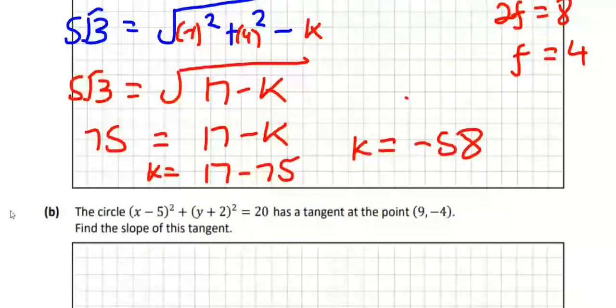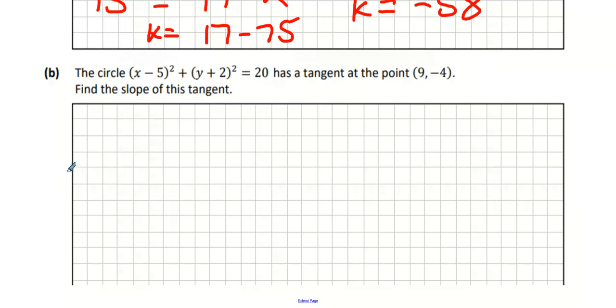Now, next one, tangent. Now, this one is given in the form x minus h squared. It's given in a different format, and this once again is on page 19.